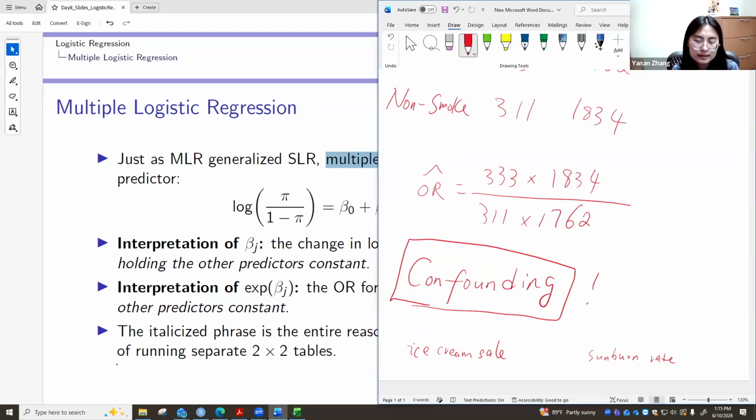So suppose a group of scientists find that higher ice cream sales are associated with a higher sunburn rate in a certain population. Do you think that's really the effect of ice cream sales? In other words, do you think ice cream sales are really positively associated with sunburn rate?